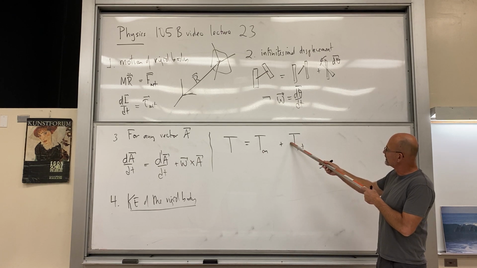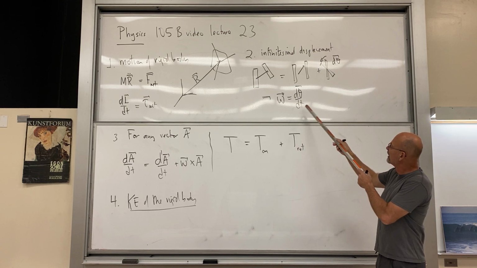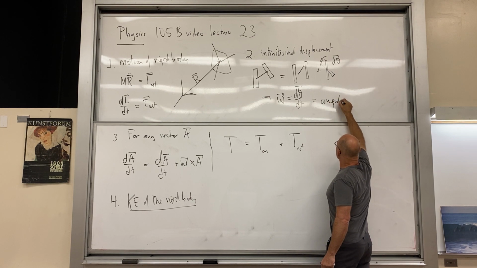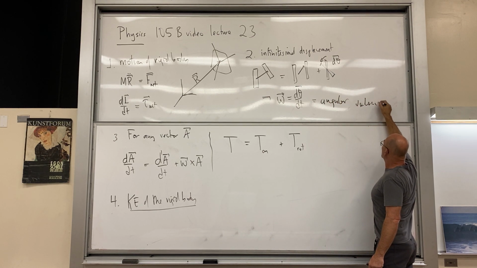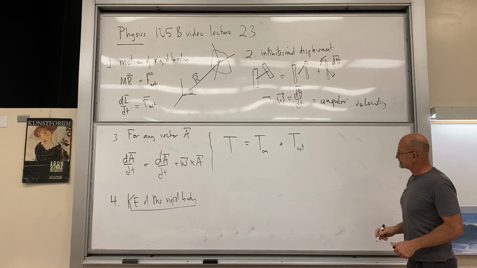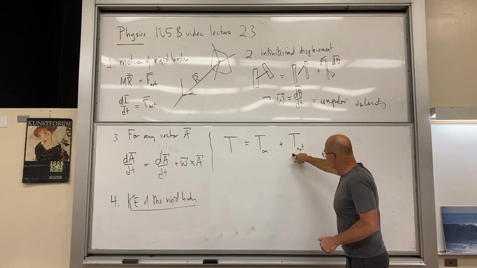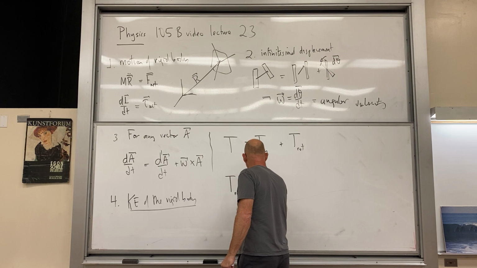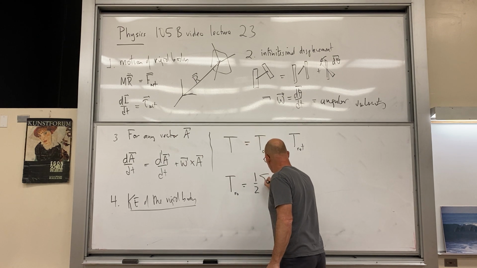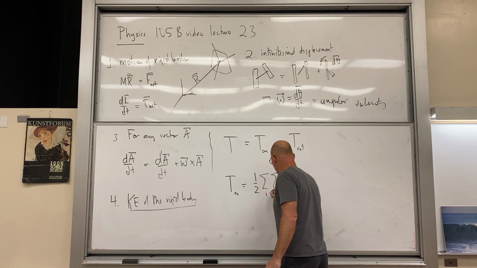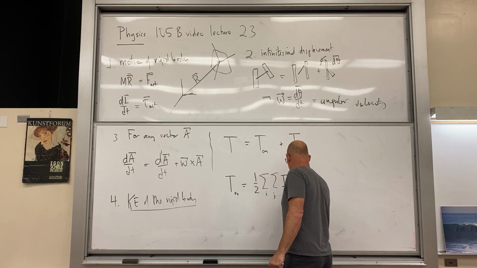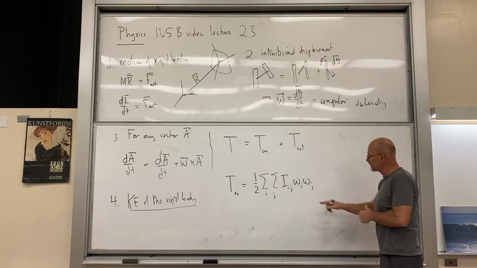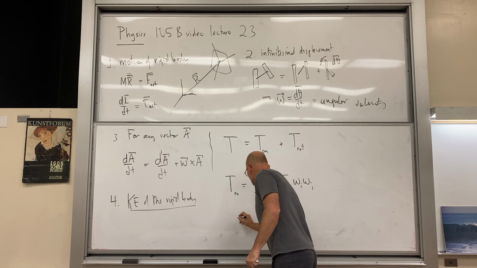Except now we're giving this concrete form in terms of our angular velocity. Write that down right there, the angular velocity. Okay. And so here we are with the expression for the kinetic energy of rotation. We ended up with 1/2 double sum, ij, I sub ij, omega i, omega j. And this 3x3 matrix is called the inertial tensor.